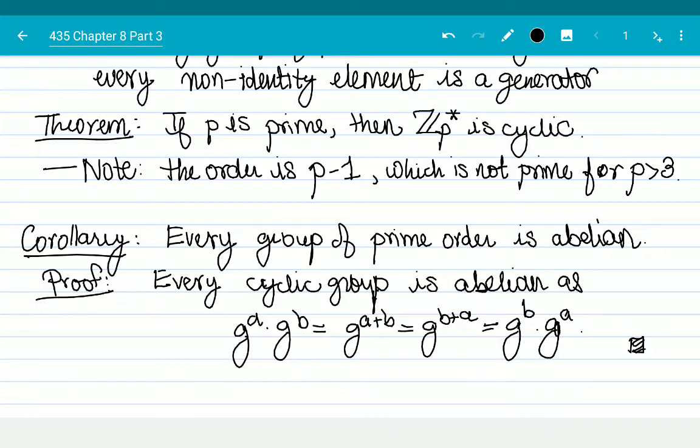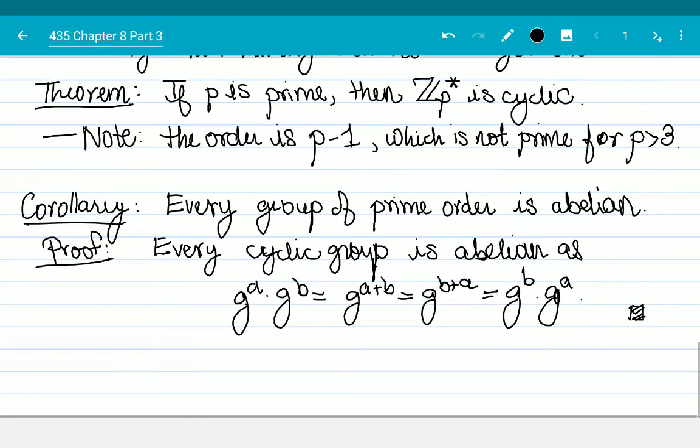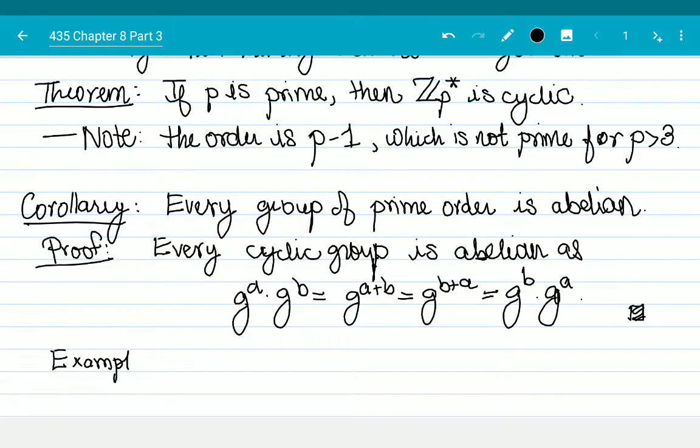if I want to look at an example of a non-abelian group, I have to look at a group of non-prime order, right? So let me give you an example of a group that is not cyclic.